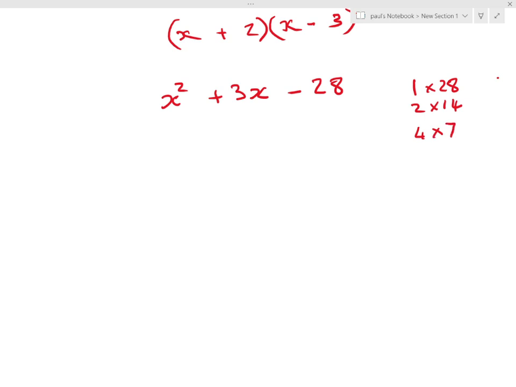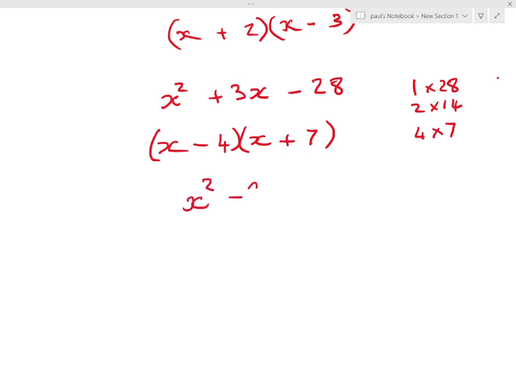There you go. 4 times 7 makes 28, and 7 minus 4 is 3. So there's what we put in there. So we do this, x and x, and 4 and 7. Now one of them must be a minus, and they have a difference of plus 3. So this must be a plus 7 and a minus 4.